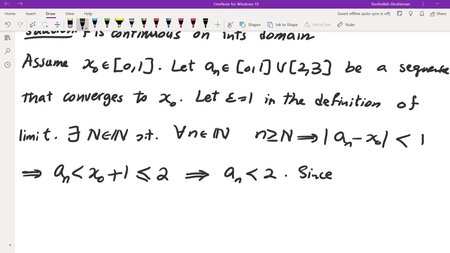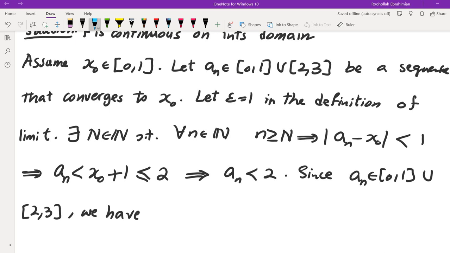Since an is either in this interval or in the interval from 2 to 3, it's either from 0 to 1 or from 2 to 3. It is not in the interval from 2 to 3 because it's less than 2. Therefore, an must be between 0 and 1.